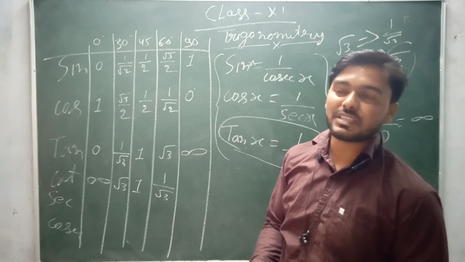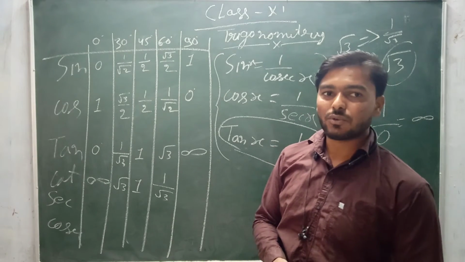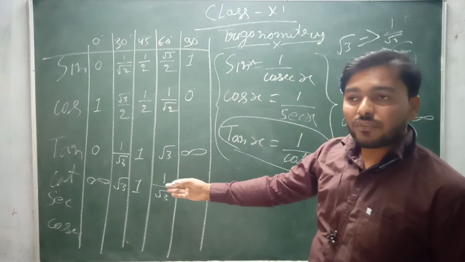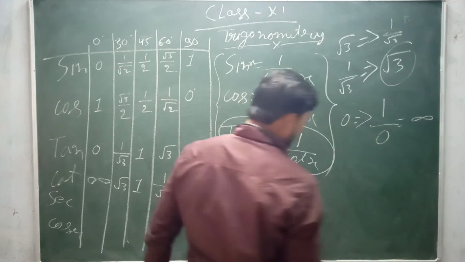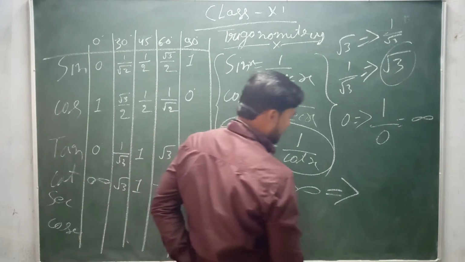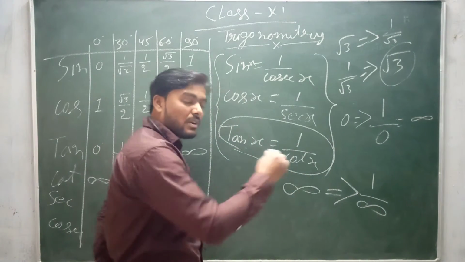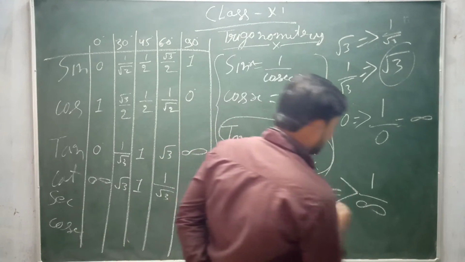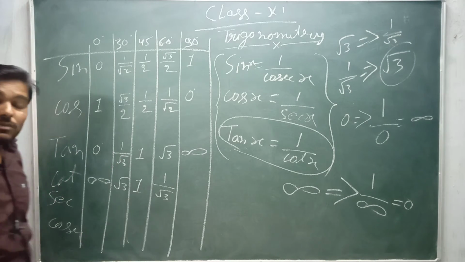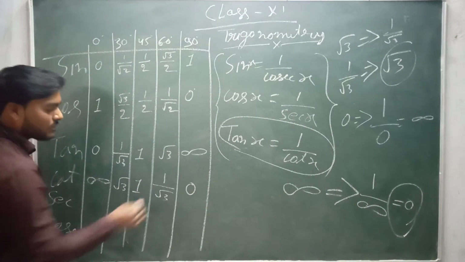How will we reciprocate infinite, because infinite is uncountable? Tan 90 value is equal to infinite. Reciprocated, that is 1 upon infinite, and 1 upon infinite is equal to 0. So what will be the cot 90 value? That is 0. Understand?